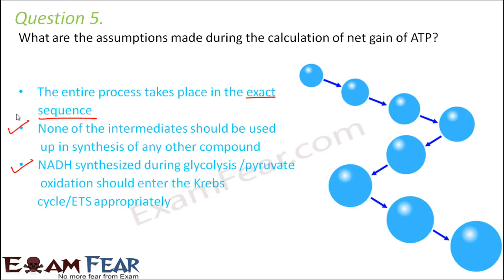So we do not want any kind of loss of any of the intermediates or any of the energy rich molecules anywhere throughout the entire process of respiration. Only in that case our calculation of net gain of ATP will remain true. So these are some of the assumptions that we have to make when we calculate the net gain of ATP.